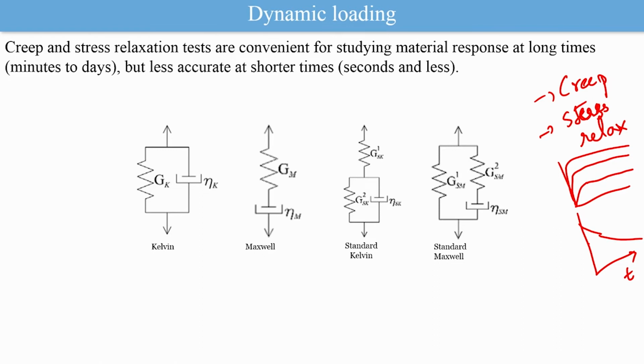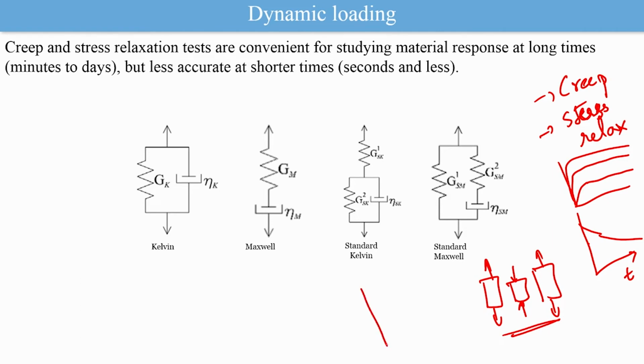That is why we go towards dynamic loading of the material. In dynamic loading what we do is we very quickly apply force, like at an instant we stretch the material and at another instant we compress the material, and we repeat this for a very long time. So this is one form of dynamic test. There are various ways you can do it.